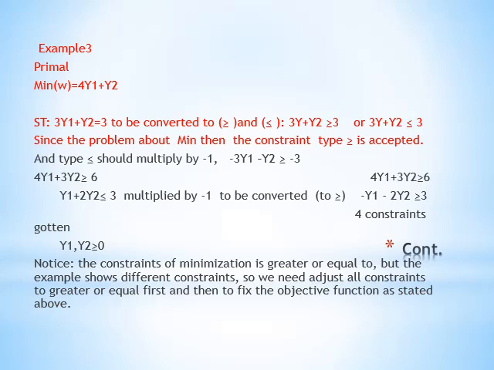So how to make it suitable? By multiplying this inequality by -1. So it will be negative 3y1 negative y2 more or equal negative 3.